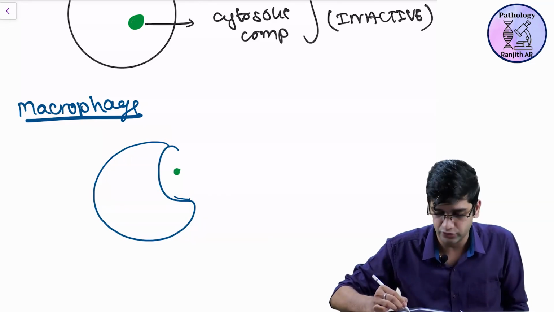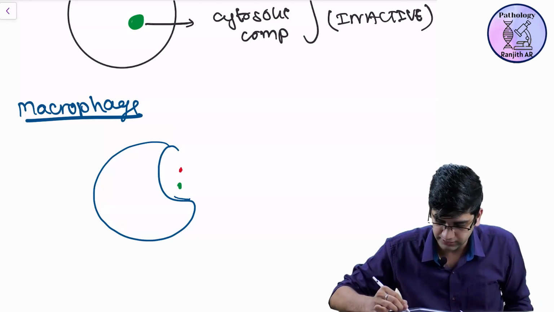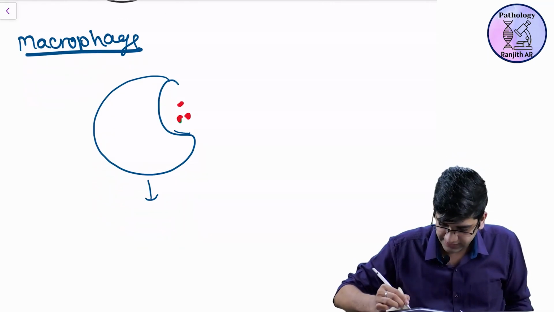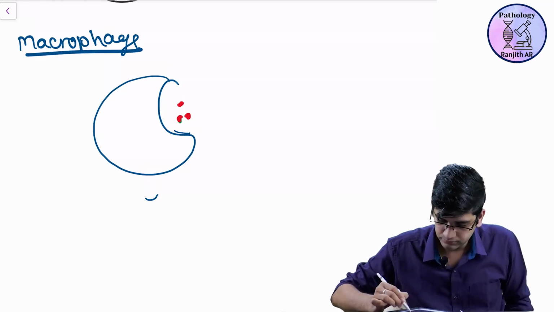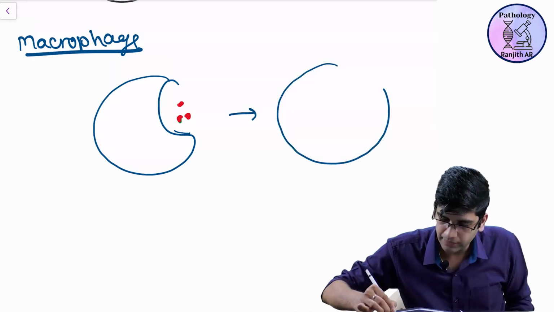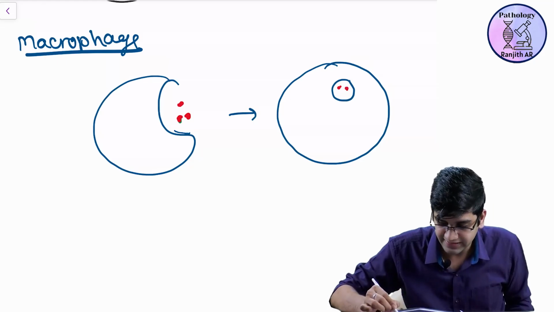I'll put green color for the bacteria. Oh, the NADPH oxidase is also green, right? We'll put a red color for the bacteria. Once it engulfs the bacteria, it's going to form an entire vesicle, which will have the bacteria inside.